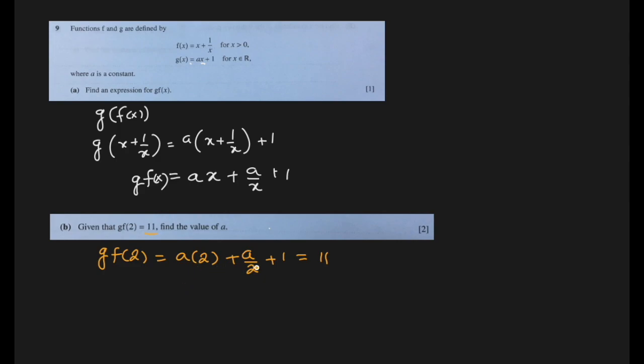So 2a plus half a, right? 2.5a equal to 11 minus 1. 2.5a equal to 10. So a is 10 divided by 2.5. 4 is the answer of this one.